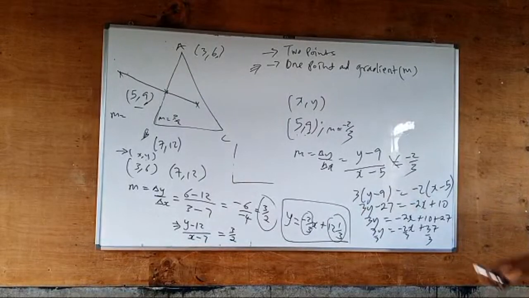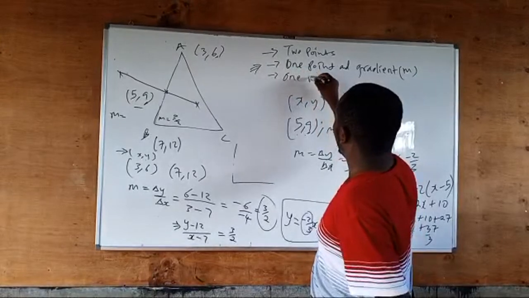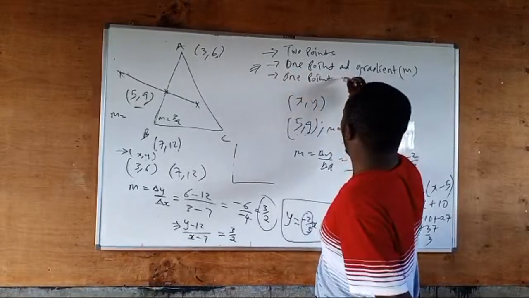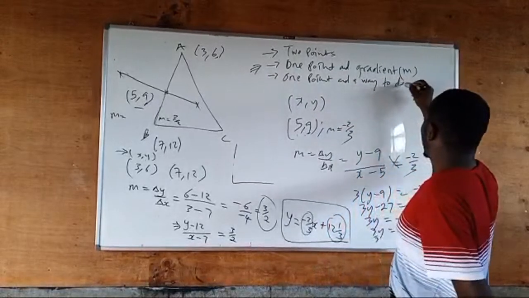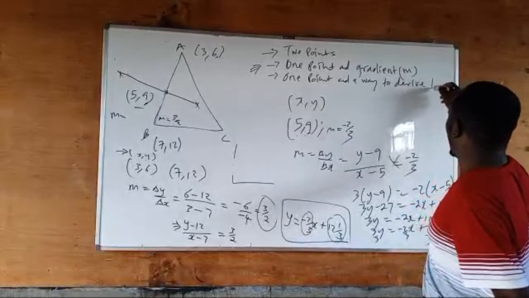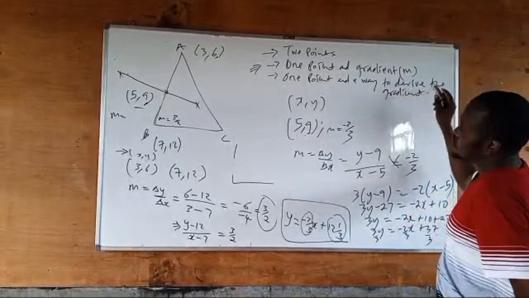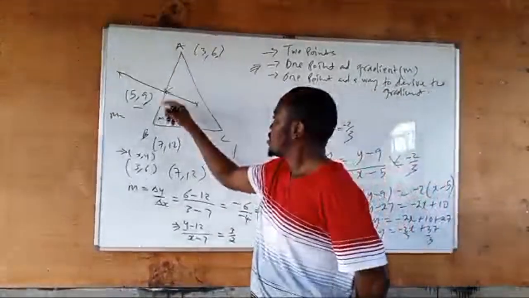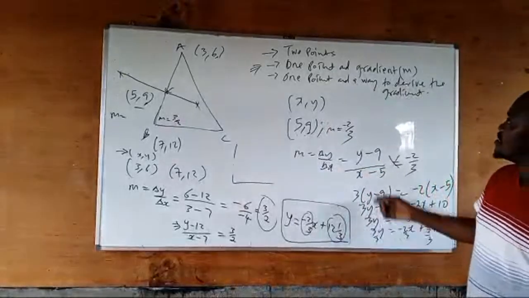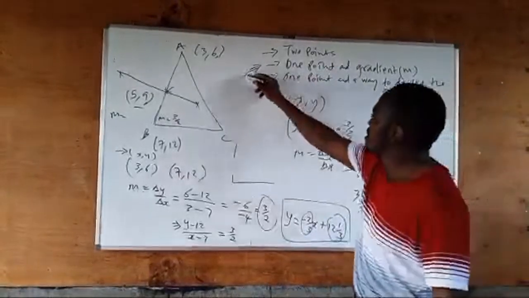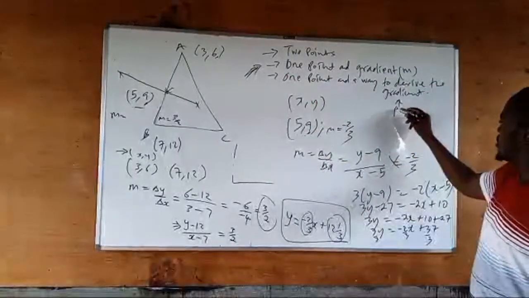So yeah, so you need this, or you're given 1 point and a way to derive the gradient. This one becomes mzuri. Hauko umetoa hii point, you are required to derive that point and also derive the gradient. So generally you need this. This is what you need. So you can derive the gradient if they are perpendicular.